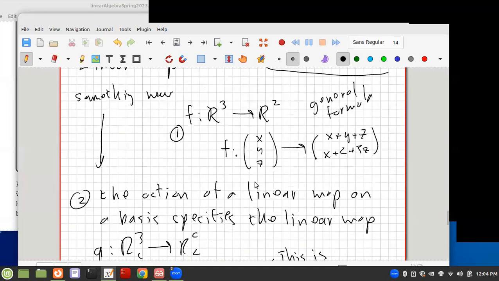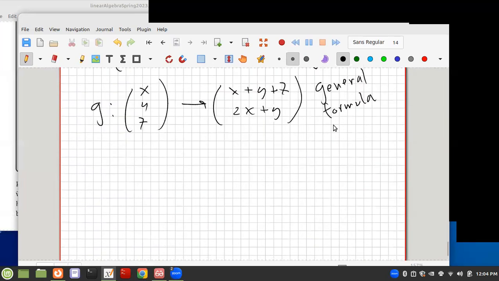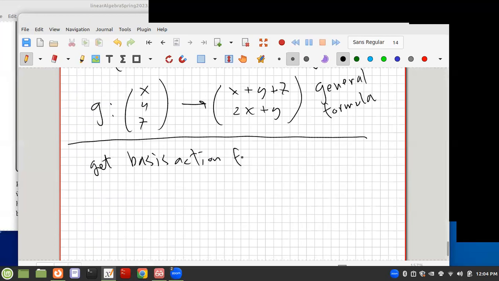Okay, well, we can go the other way. Like this one here was X plus Y plus Z, X plus 2Y plus 3Z. Let's see if we can get the basis action from the general formula.